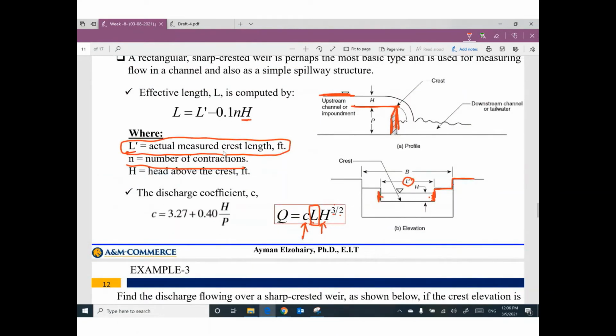We can calculate the value of C, which is the discharge coefficient, by this expression: 3.27 plus 0.4 H, the height of water, divided by P, the height of the weir.